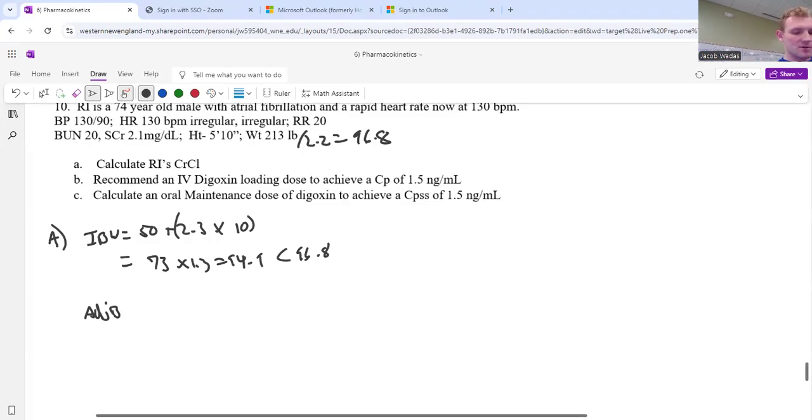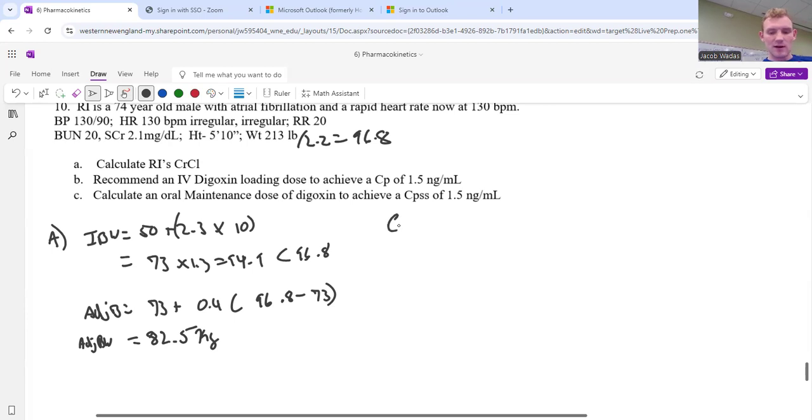Adjusted body weight equals ideal plus 0.4 times actual minus ideal. Let me know what you guys get. Yep, 82.5 kilograms.